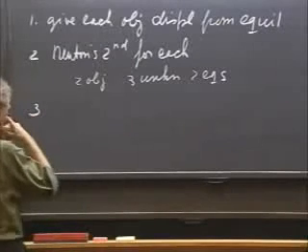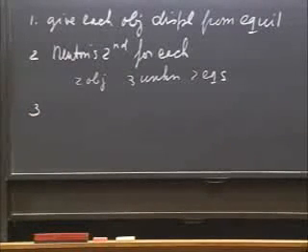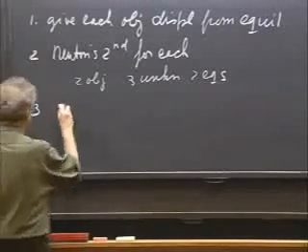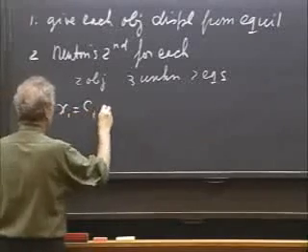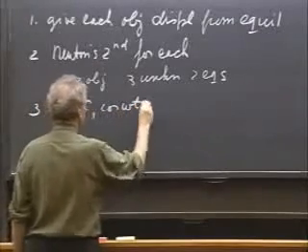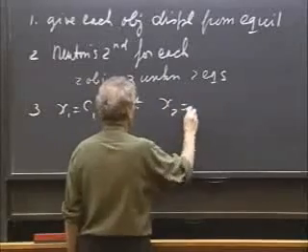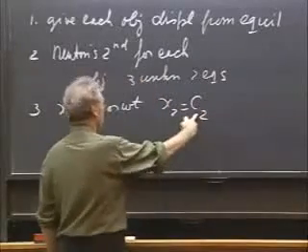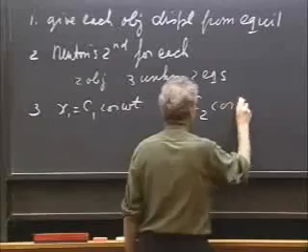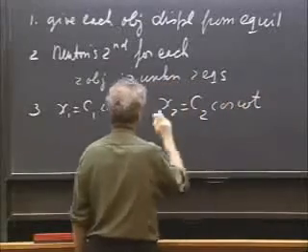Number 3, you are going to put in the condition for normal modes, which means that x1 is C1 times cosine omega t, but x2 can be some other amplitude which we have to calculate also, times the same cosine omega t.